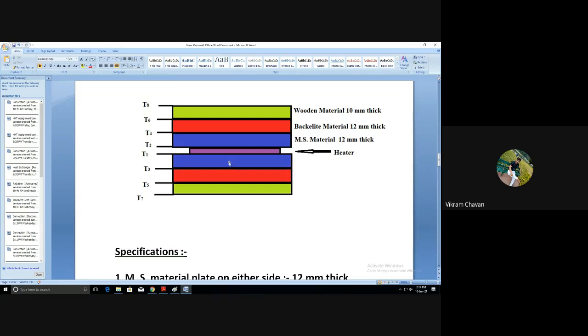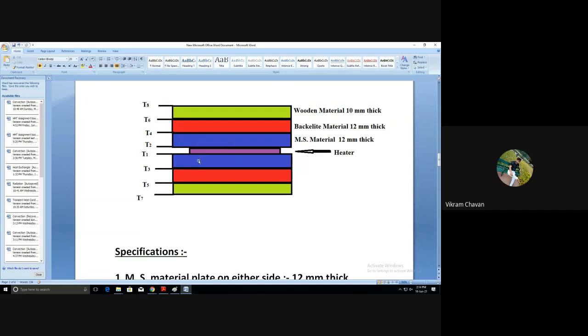So T1 and T2 are equidistant and have the same configuration: T1 is placed after the aluminum plate centrally, and that aluminum plate has 6 mm thickness on the downward side and also on the upward side. So on the upward side, T2 is placed centrally after the aluminum plate.